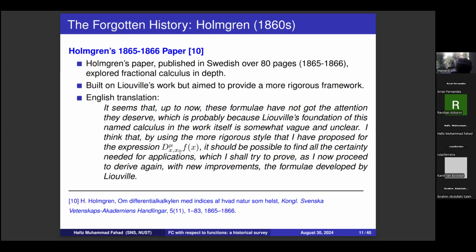Holmgren also noted that previous formulas had not received the attention they deserve, partly due to the maybe vague and unclear nature of Liouville's original work. So he proposed a more precise method, arguing that his approach would offer the clarity needed for practical applications.